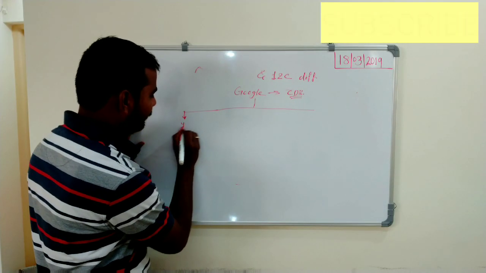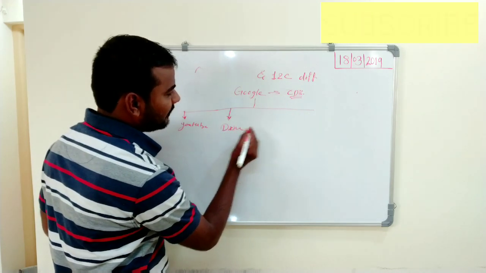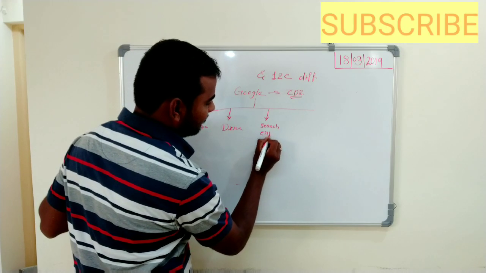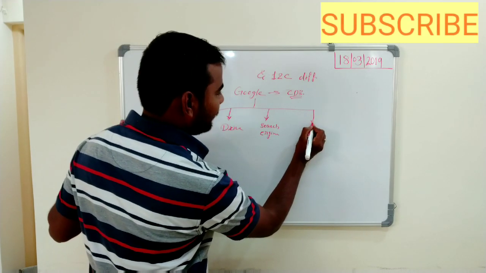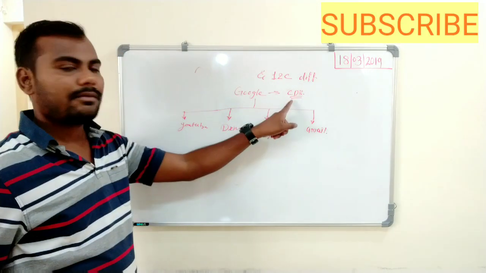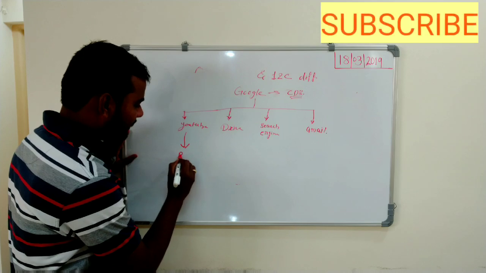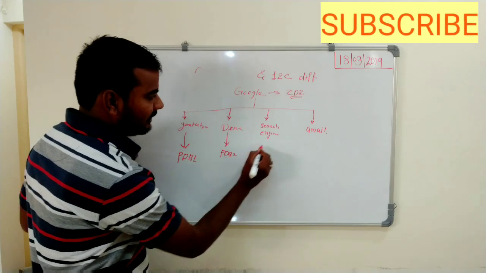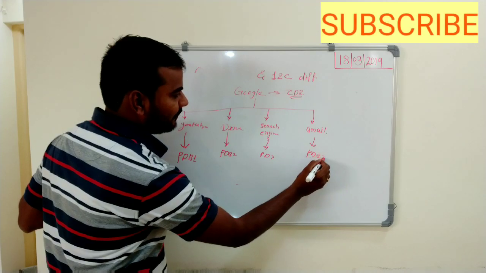The first is YouTube, the second is Google Drive, the third is the Google search engine, and then there is Gmail, which we use on a daily basis. So there is one container database, and inside it we can have multiple pluggable databases: PDB1, PDB2, PDB3, and PDB4.